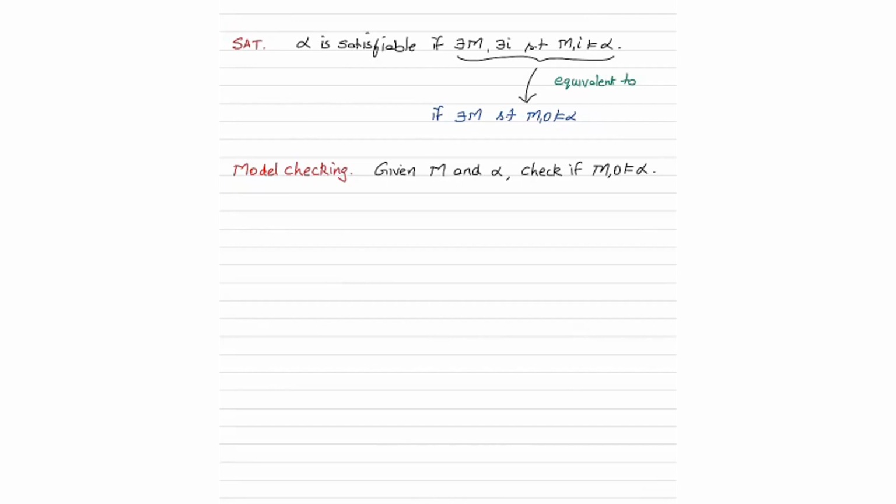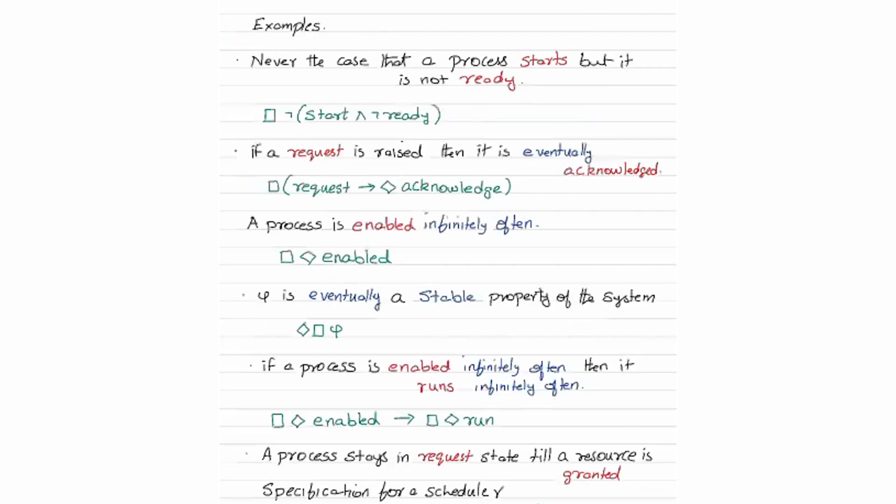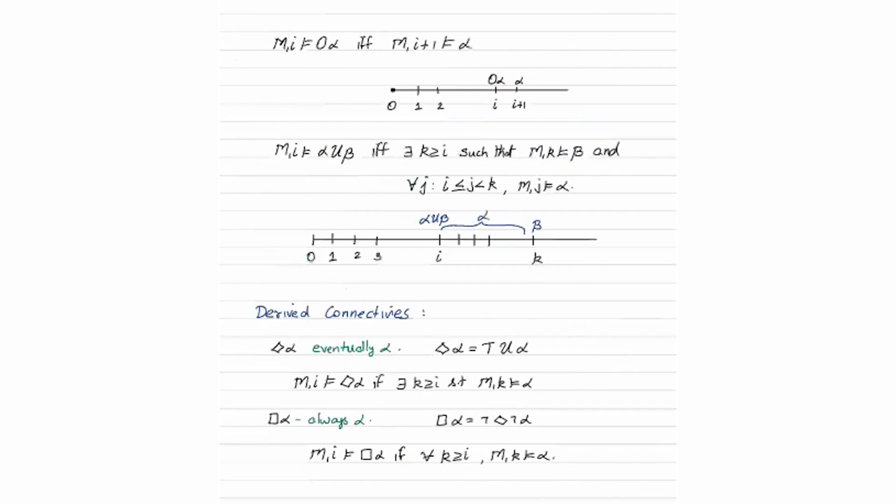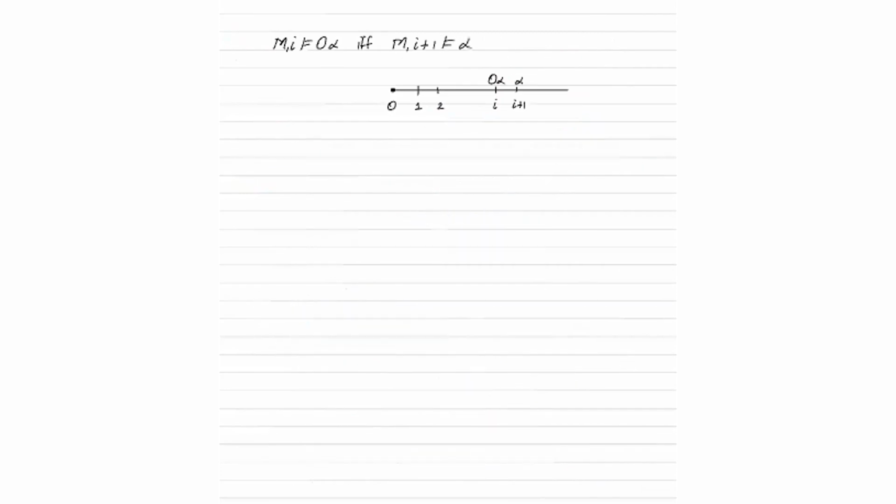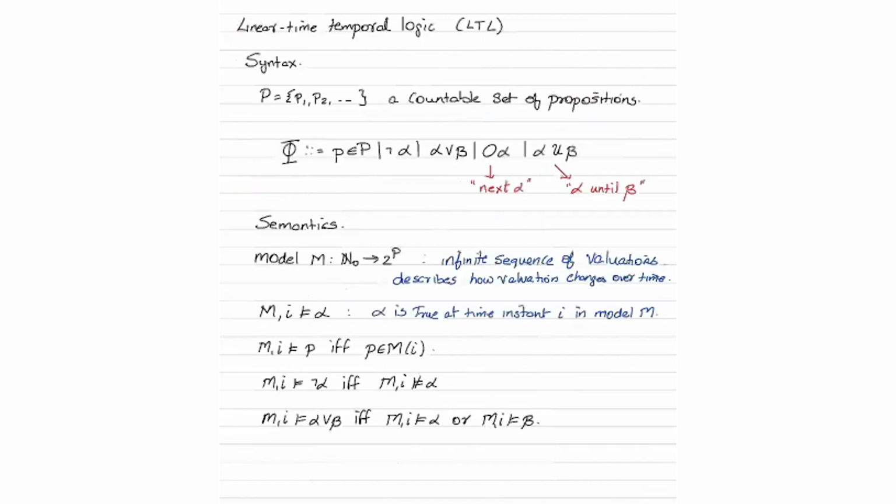Could you explain why it is equivalent, like why the time doesn't matter? This is not a formal proof. What are the two operators I have? I have next and I have until, and this is only looking into the future and not the past.